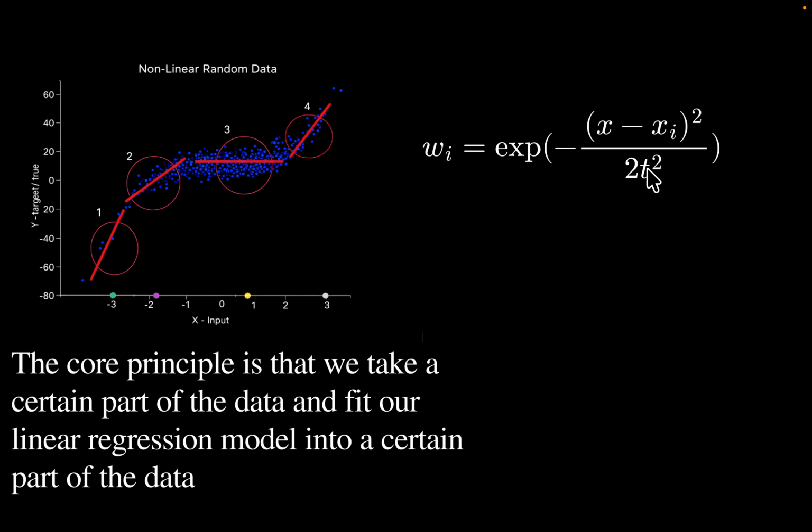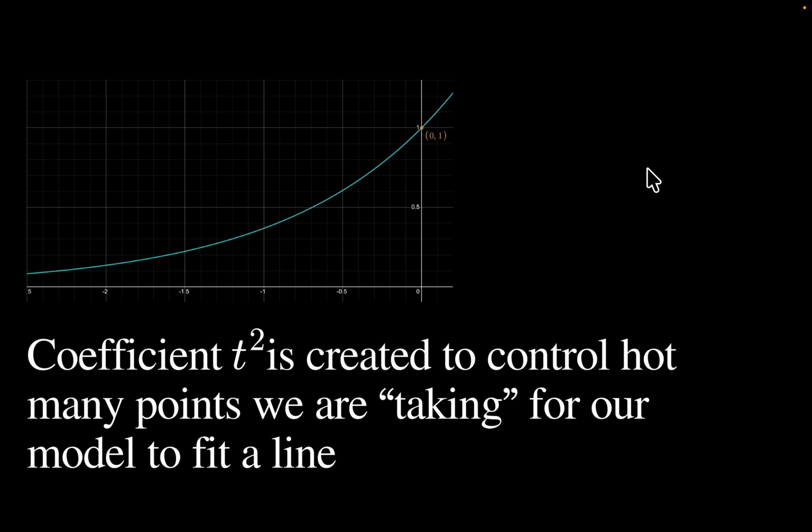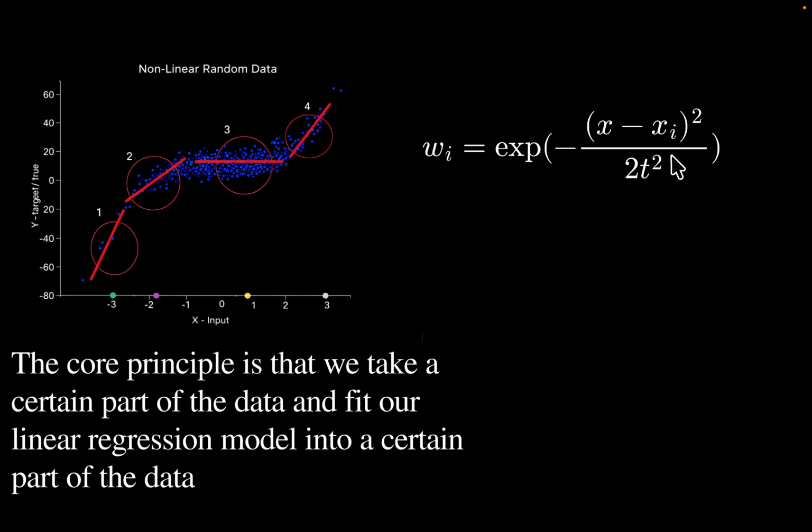And so here comes the t argument. It's the argument to control how much data we're taking, because if it's higher, then points that were previously too far become not too far.